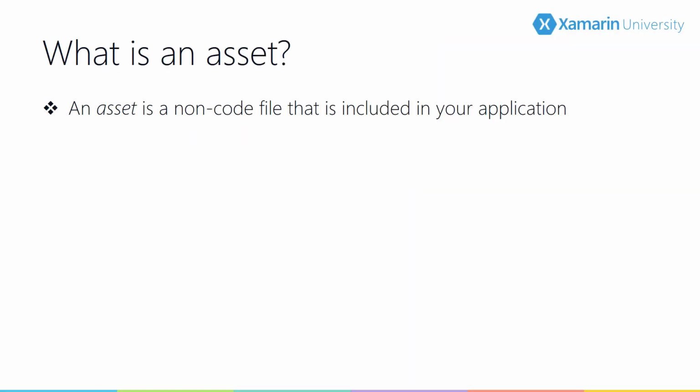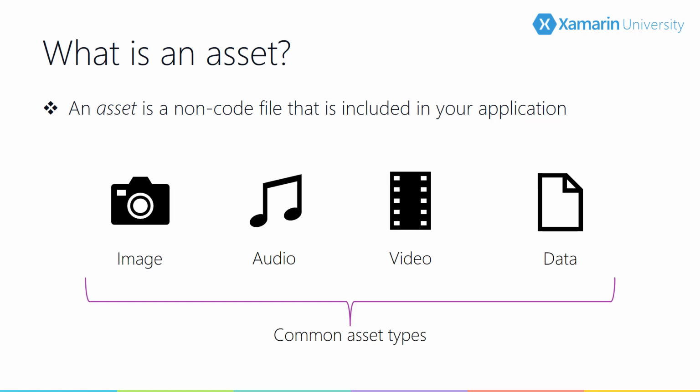So let's start with, what exactly is an asset? An asset is a non-code file that we want to be included in our application. There are many types of assets that we've worked with and seen, things like images, audio files, and videos, some type of data file, maybe a JSON file or an XML file. These are all common types of assets.